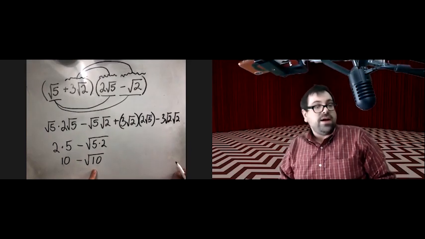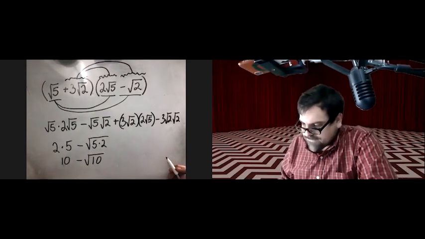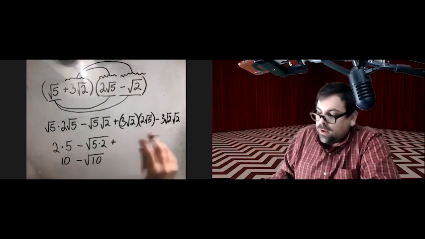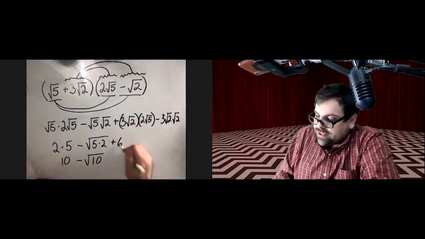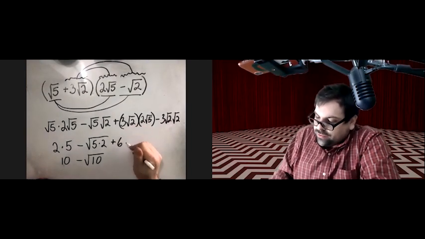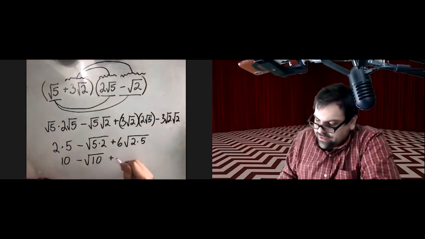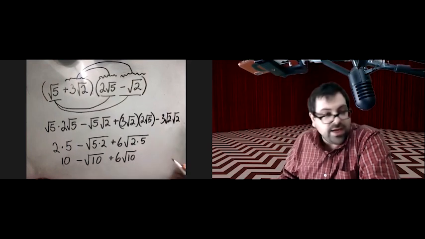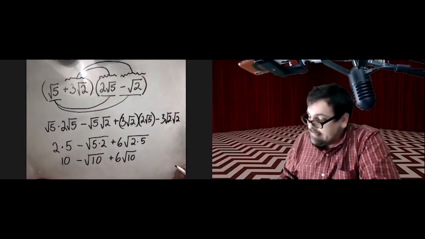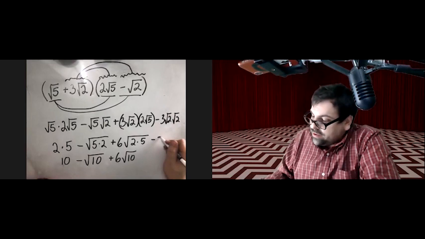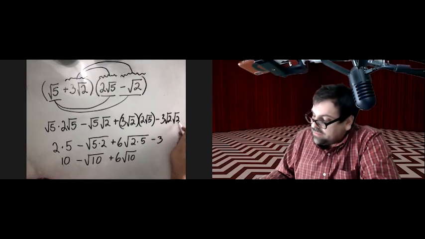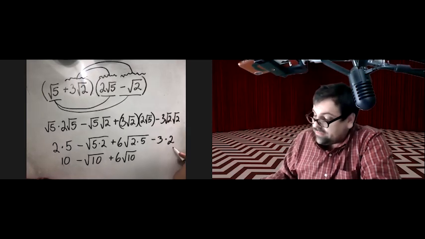And we can't simplify radical 10 at all. Plus 3 times 2 is 6. Radical 2 times radical 5 would be radical 2 times 5. So plus 6 radical 10. Minus 3, and then radical 2 times radical 2 is just 2, because a radical times itself just leaves us with what's underneath the radical.